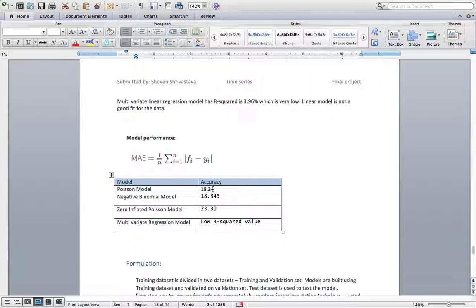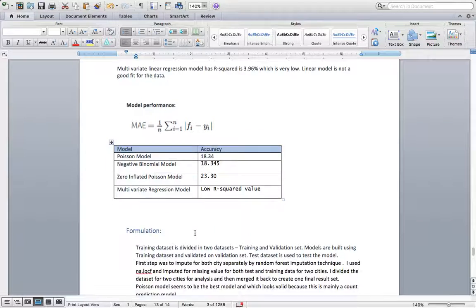The Poisson model has 18.34, and the negative binomial model has 18.34, which is not very far away. They are both almost the same. The zero inflated Poisson model is 23.3. I thought that this would be lower than the Poisson model, but it came out higher. And the multivariate regression model has a very low R square.